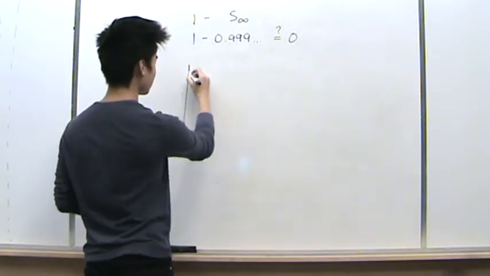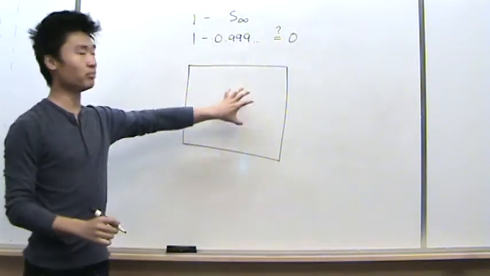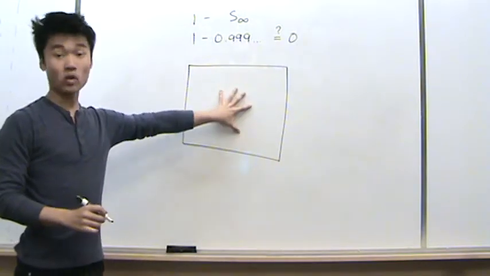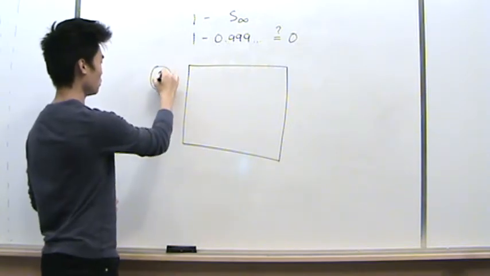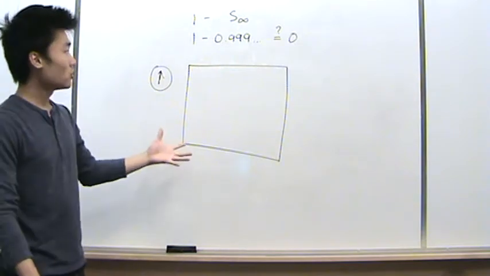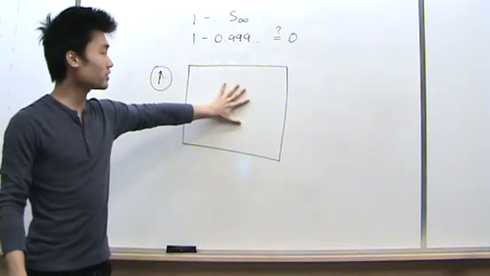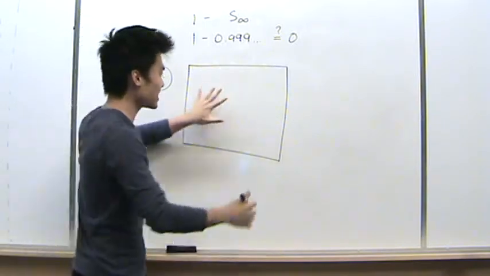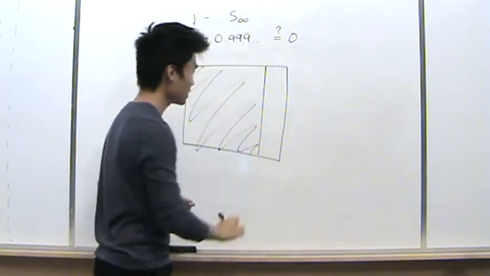Right? You can imagine taking a box. Let's let the area of this box be 1. Okay? For S1, we're saying cut out all of the area inside the box, except for 1/10 of it. Okay? So we're going to cut that out.